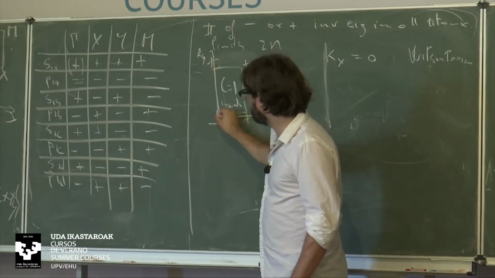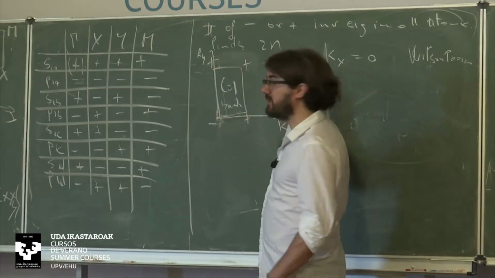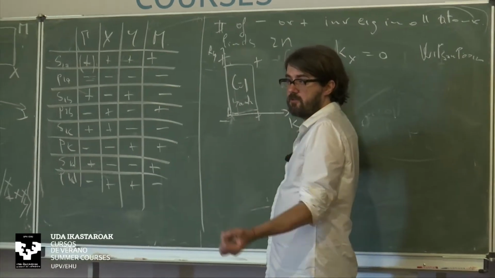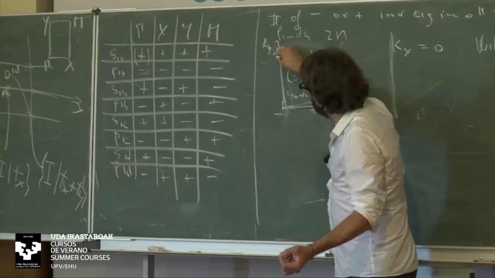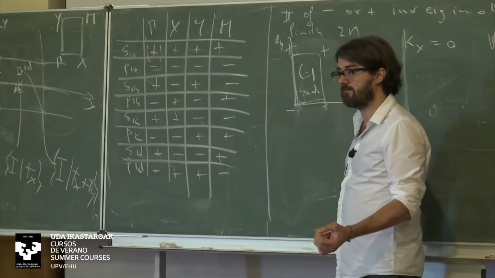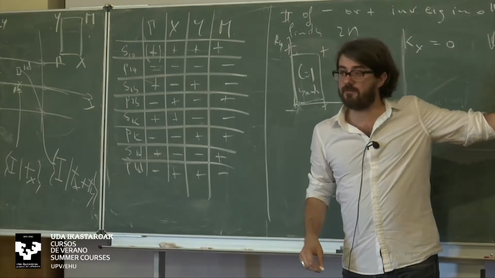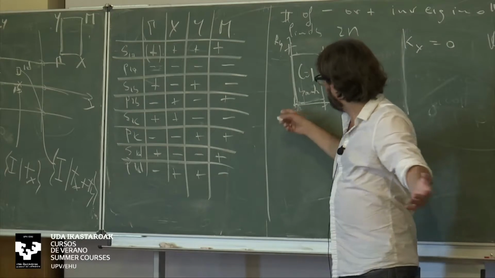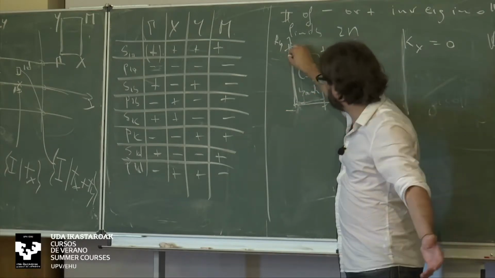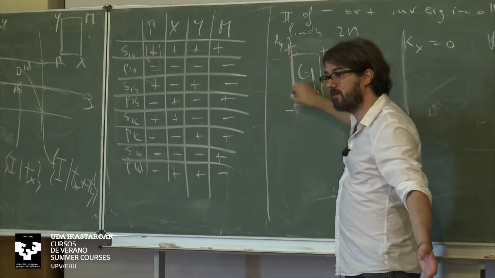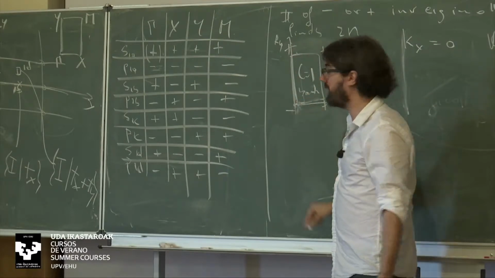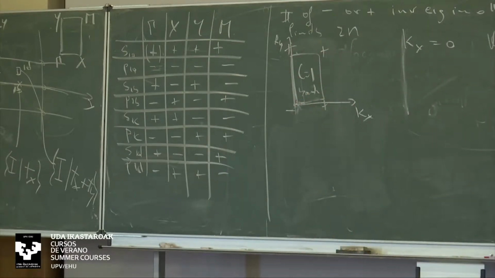When kx equals 0, since inversion sends kx into itself, this is an inversion symmetric 1D system. I can read its eigenvalues. I know it's got to have plus minus. So in 1D, this is an atomic limit, right? It's the atomic limit of p orbitals at the 1b Wyckoff position.